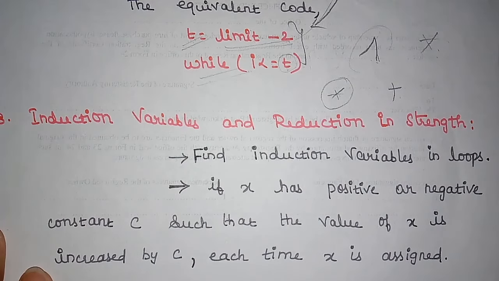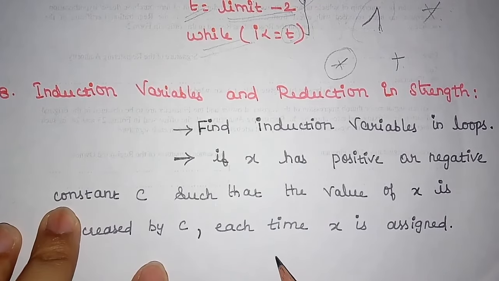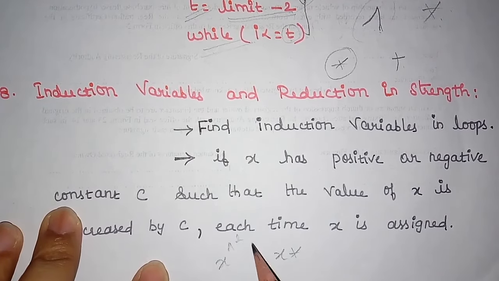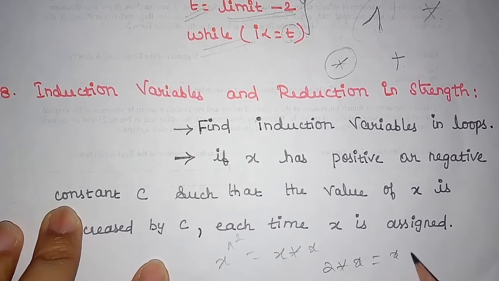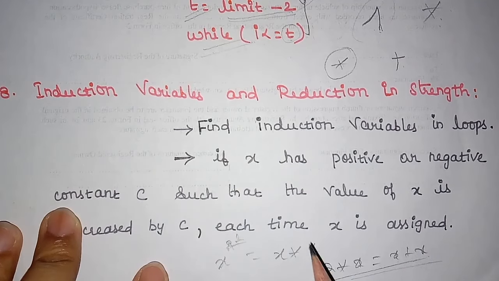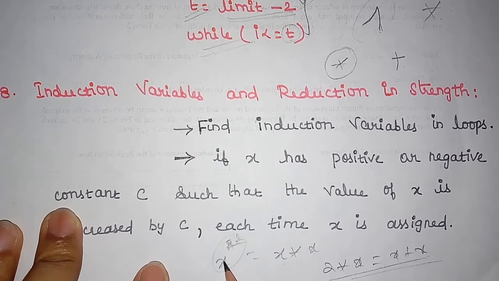Whenever we are doing these kinds of transformations, it is strength reduction, or reduction in strength. For example, we can replace x power 2 by x star x, or we can replace 2 star x by x plus x, which gives us the same result. 2 star x as well as x plus x gives us the same result. In the same way, x square and x star x give us the same result. But the power operator is an expensive operator, whereas multiplication is a cheaper one compared to it.